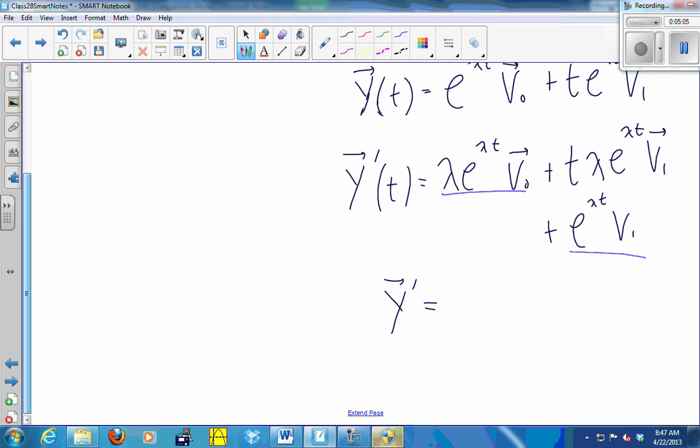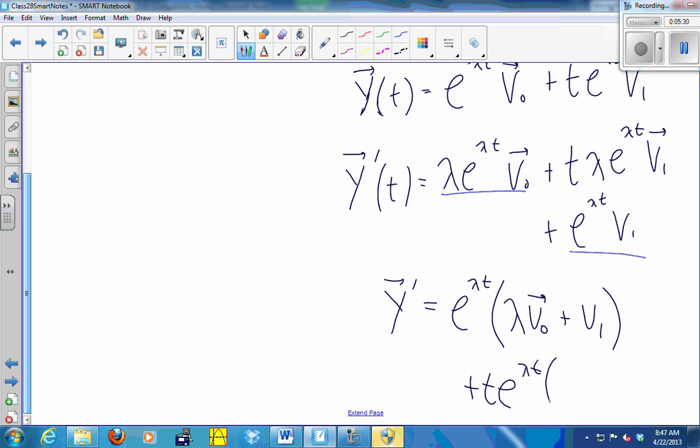So I'm just going to factor out e to the lambda t. And I've got lambda v naught plus v1. And then I still have plus t e to the lambda t times lambda v1.